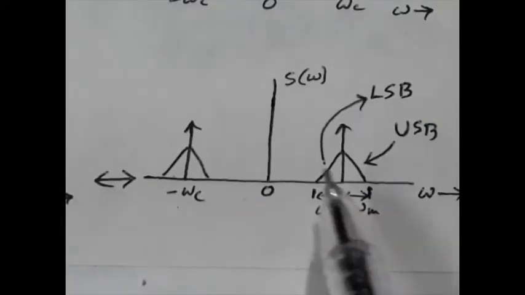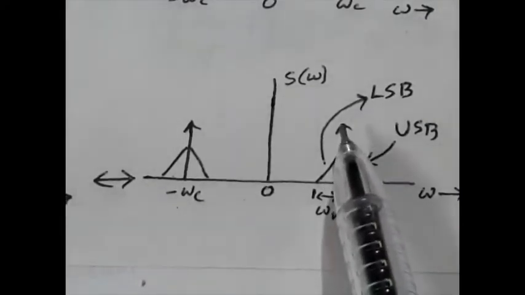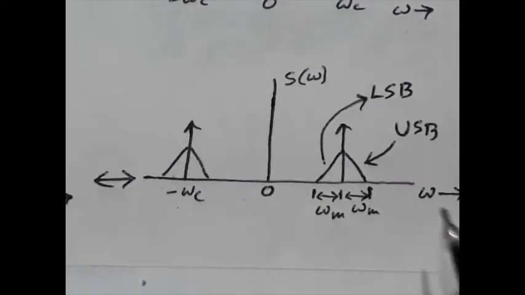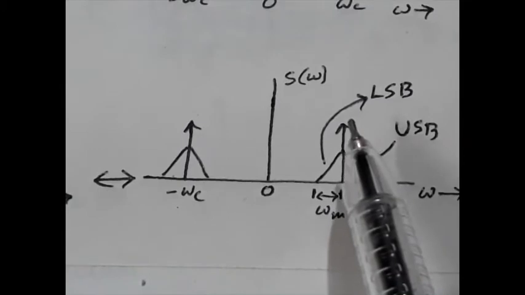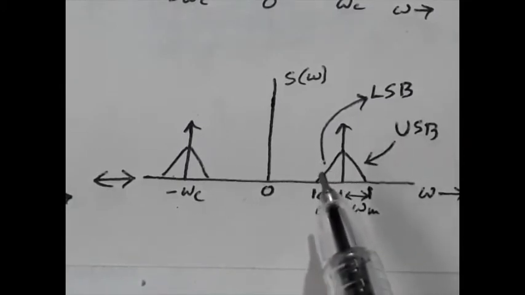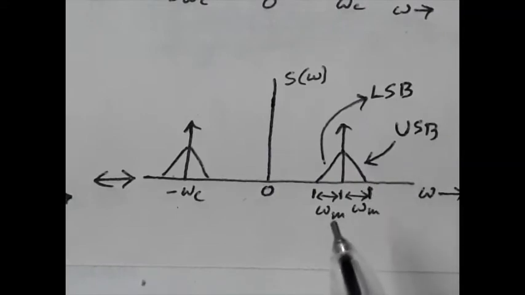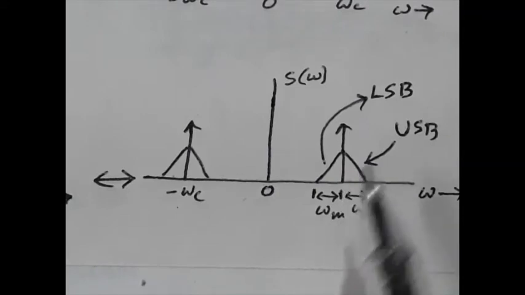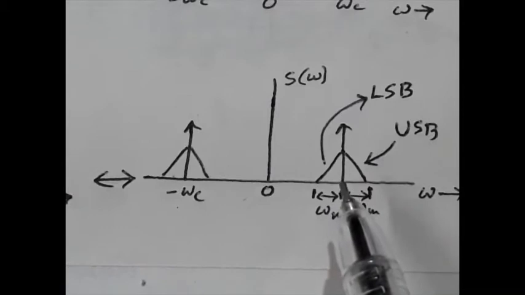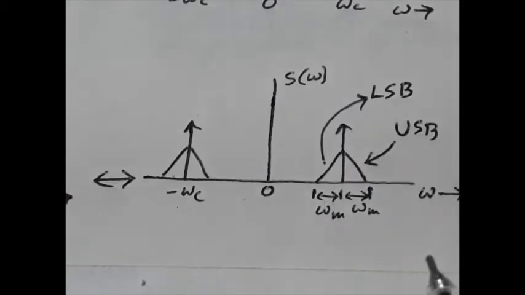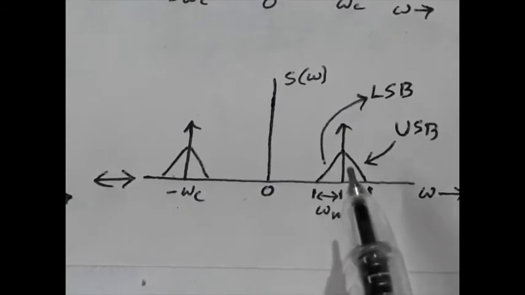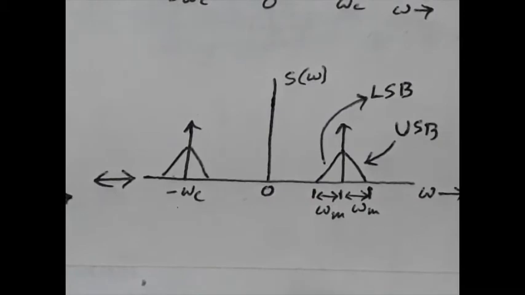So we have two spikes here, plus ωc and minus ωc. So the AM spectrum consists of the original message signal shifted by ωc and a spike like this for the carrier. The same thing will be repeated for the negative side of the spectrum.